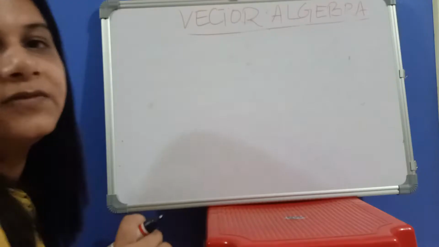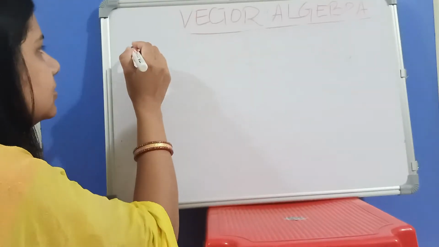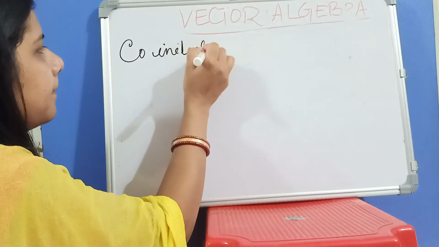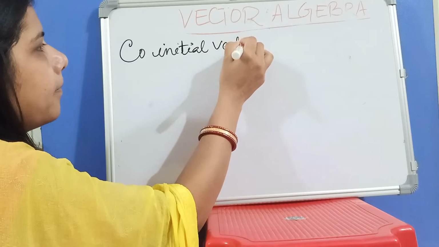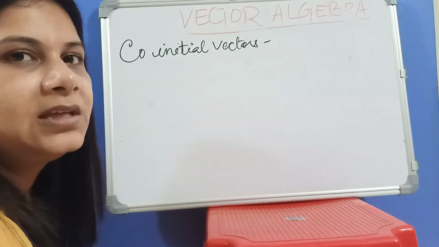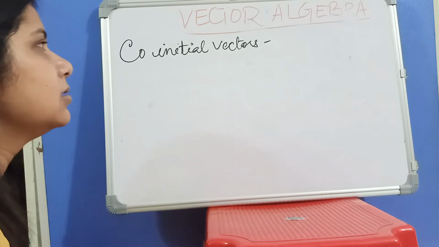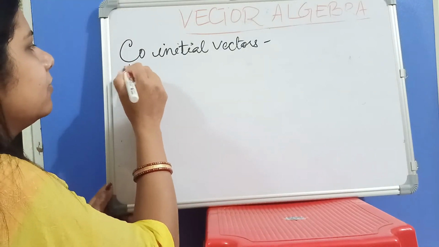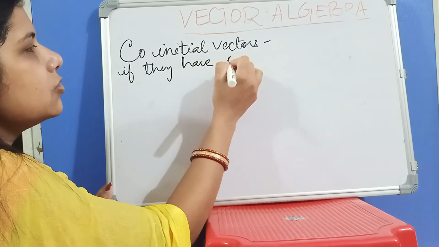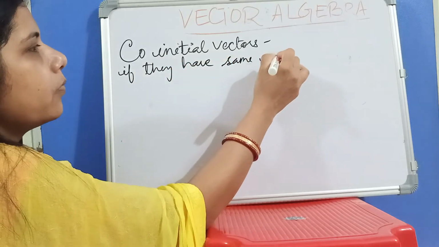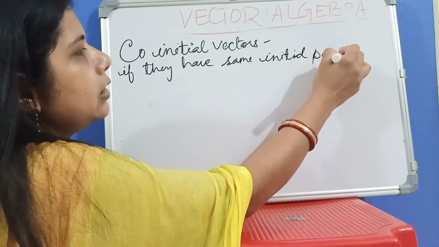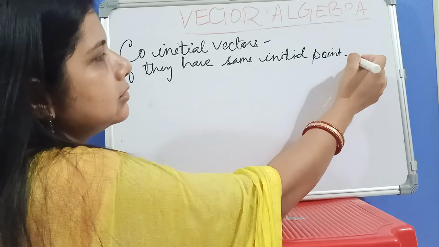So next vector is co-initial vectors. Two or more vectors are said to be co-initial if they have the same initial point. It looks something like this.